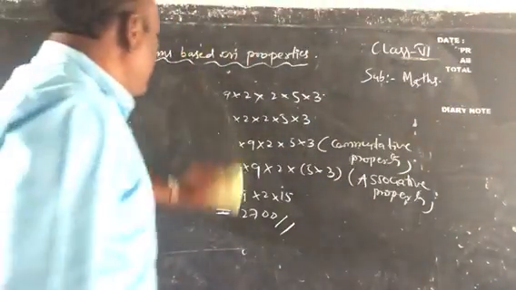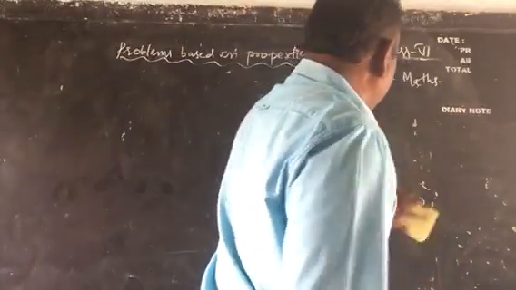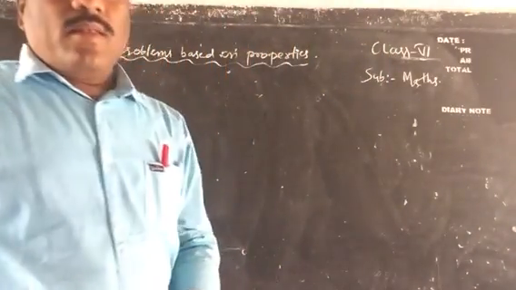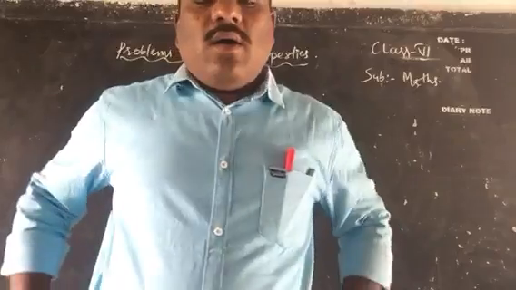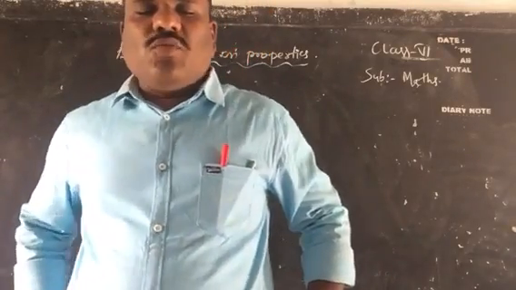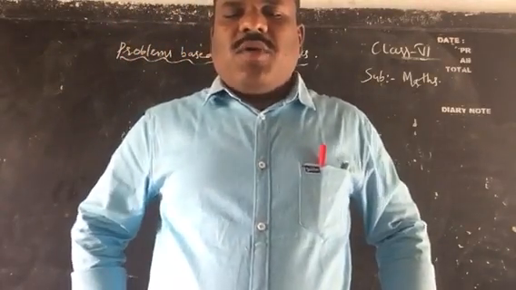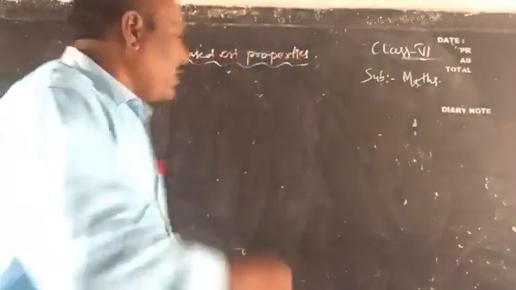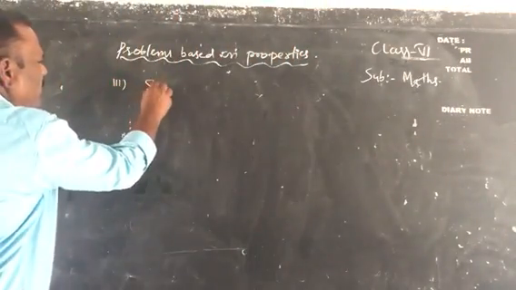There are so many other examples also, children. See here: use the commutative and associative property to simplify the following.